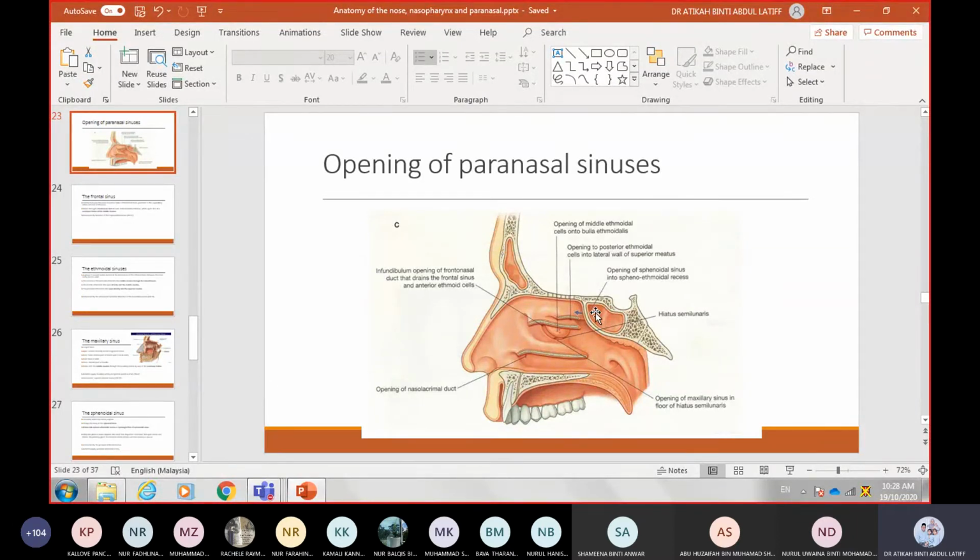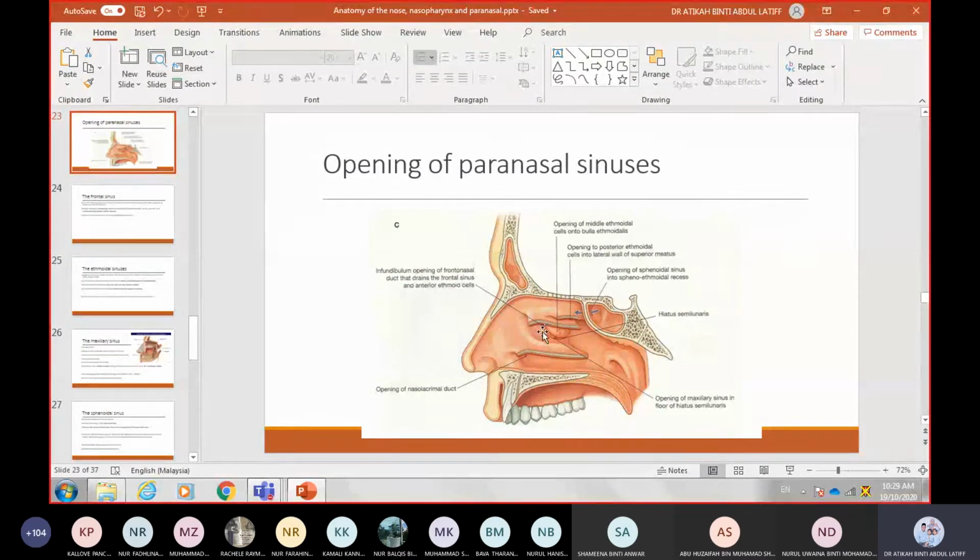Again, just to repeat, in the superior meatus, what drains? Which opening? Posterior ethmoidal sinus. How about the middle meatus? Maxillary. You have the maxillary, the anterior and middle ethmoidal sinus, and also the frontal sinus.